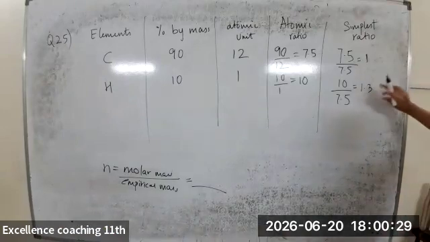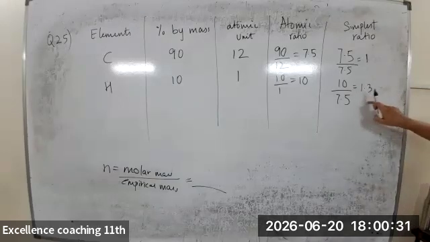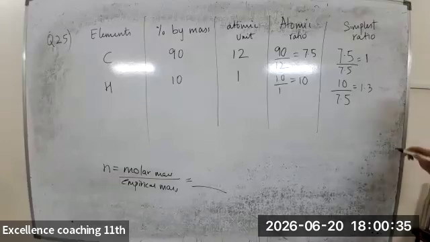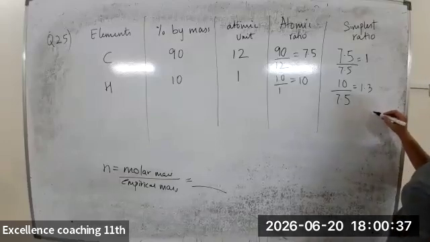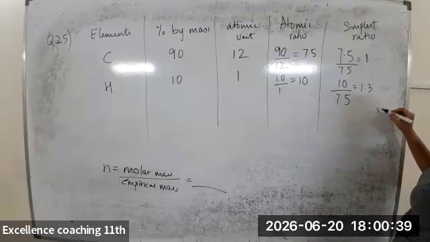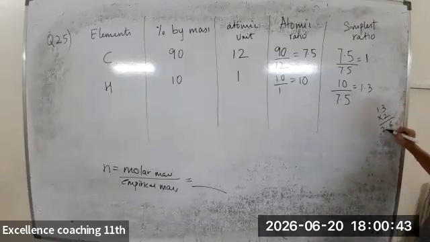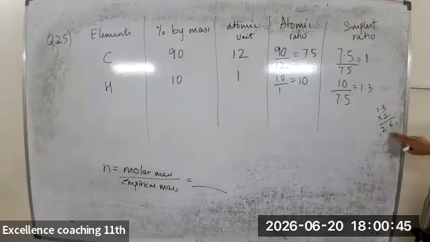Suppose if you multiply 2 by 1.3, how much do you get? 2.6. It is somewhere midway, it can be 2 also, it can be 3 also. So we can't take 2.